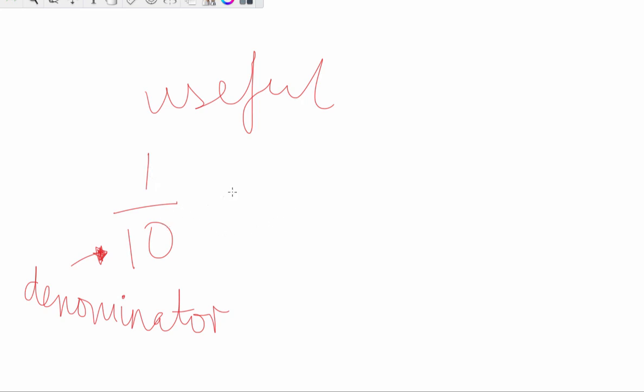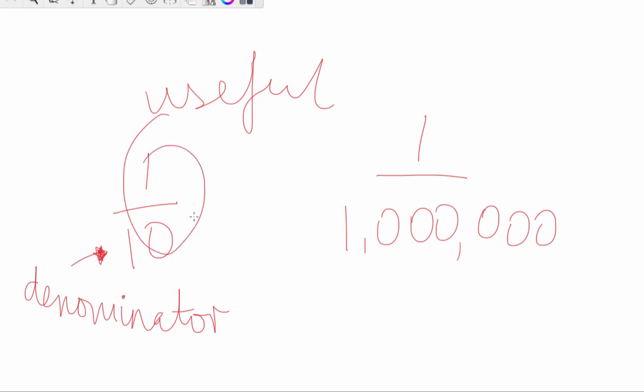If I have a 1 in 10 chance of being president, that's a pretty good chance. But if I have a 1 in a million chance of being president, that is not a big chance. This, 1 out of 10, is more likely than this, 1 out of a million, because this denominator is smaller. With this one, there are way more other options than me, so this is the least likely.